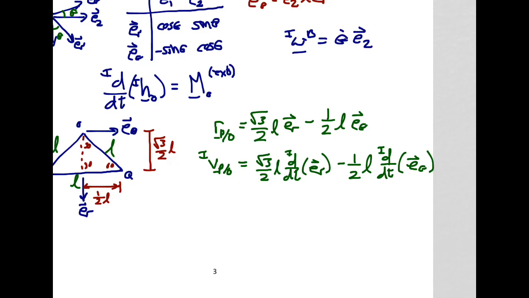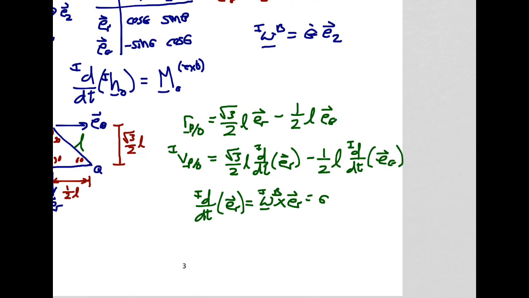And we know that the time derivative of a unit vector, so the time derivative of E_r, is equal to omega of B observed in I crossed with E_r, which gives us theta dot in the E_z direction crossed with E_r. So Z cross r is E_theta, so we get theta dot E_theta.